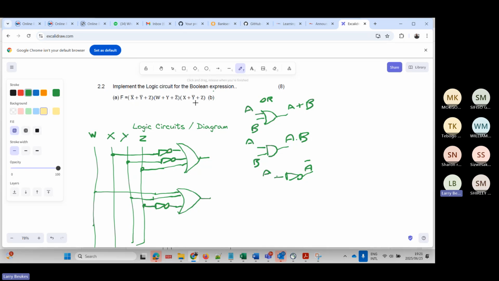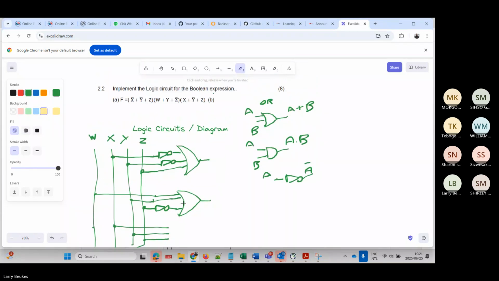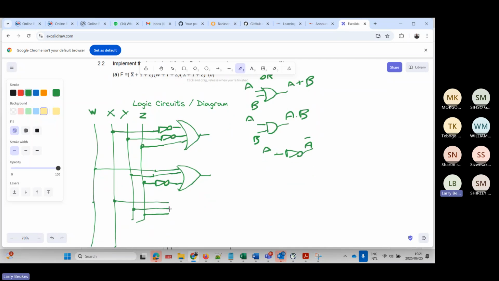Now we are at the last one, X, Y not, and Z. So we conduct on the X, we conduct on the Y, and then we conduct on the Z. Y is low, so we will put our inverter here just to make the Y low.